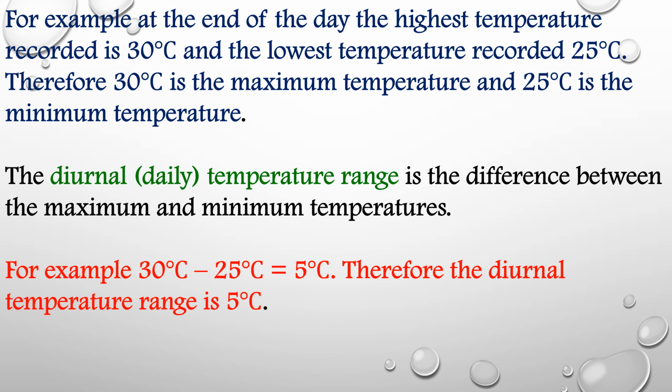For example, 30 degrees Celsius minus 25 degrees Celsius will equal 5 degrees Celsius. Therefore, the diurnal temperature range is 5 degrees Celsius. That is our diurnal or daily temperature range, which is basically the difference between the maximum and the minimum temperatures that are recorded for the day.